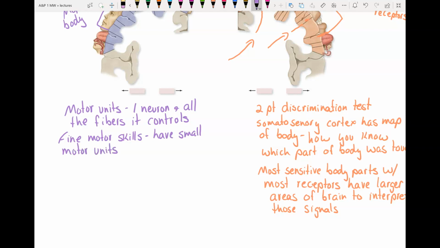This means there's only a few fibers per neuron. These are the small teams, which is what I represented with a basketball team. So if there's only a few fibers per neuron, in order to control the whole muscle, you need several neurons.